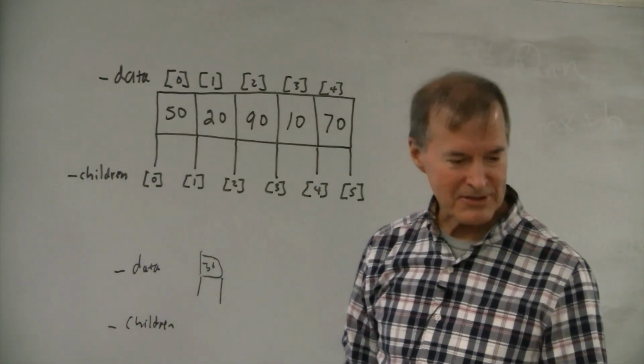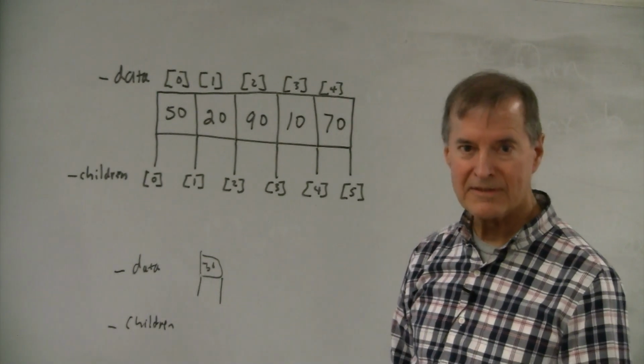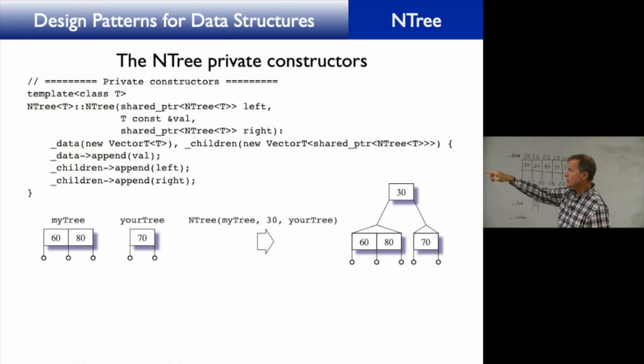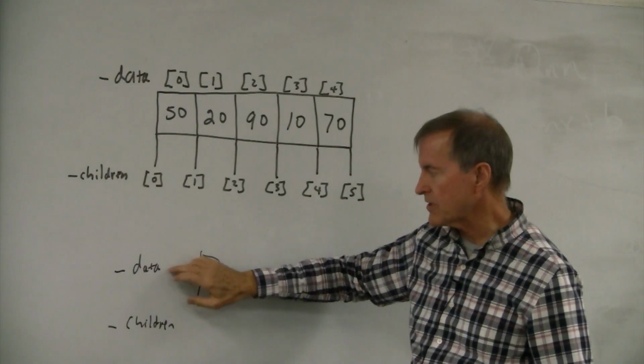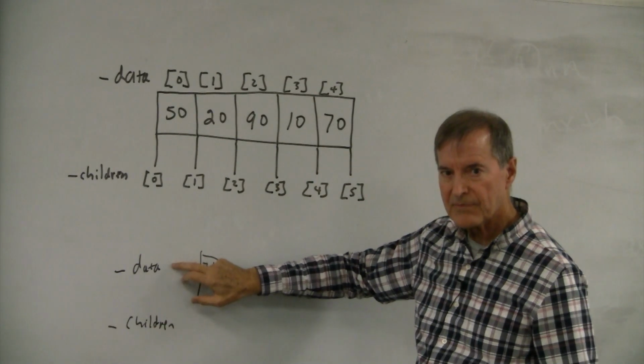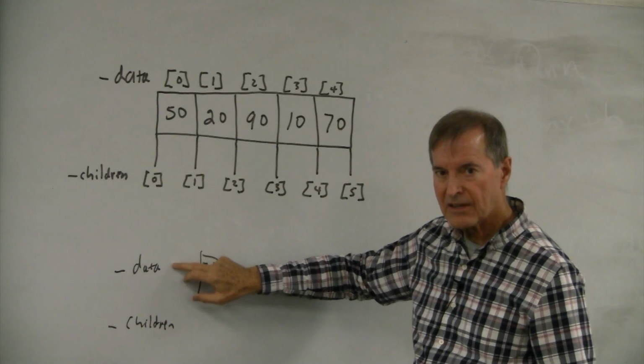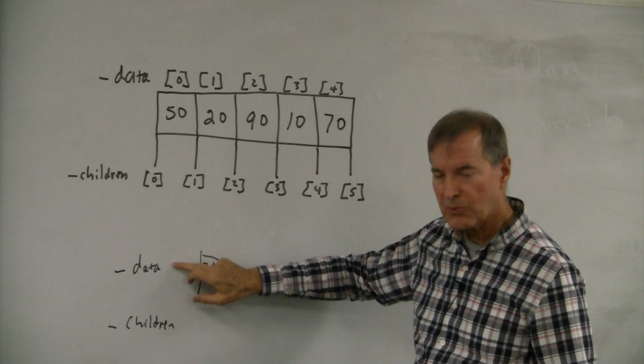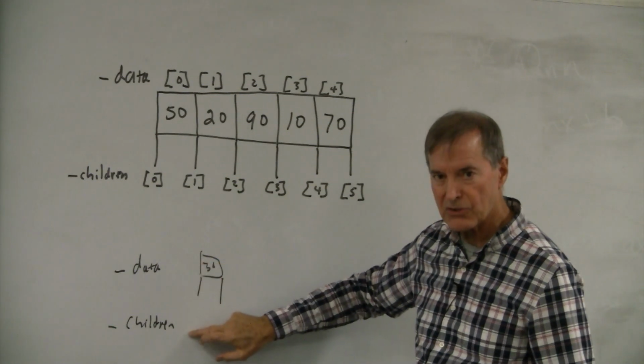All right, these are all good questions. On the next slide, it does underscore children new, and it does underscore data new. So when it does those new, that's when these get allocated, each as a new one.